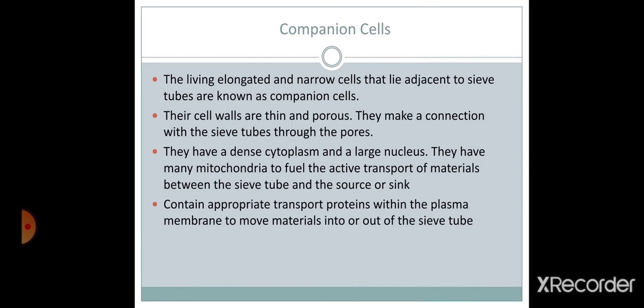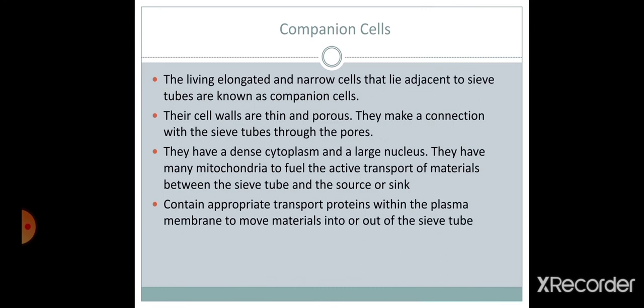As I said, the meristematic cell divides into two cells; from the first cell the sieve elements originate, and from the second cell the companion cells originate, hence they are sister cells. In transverse section the companion cells appear as small rounded, triangular or rectangular cells adjacent to the sieve tube. The functions of the companion cells: they help the sieve tube in the conduction of the food materials.